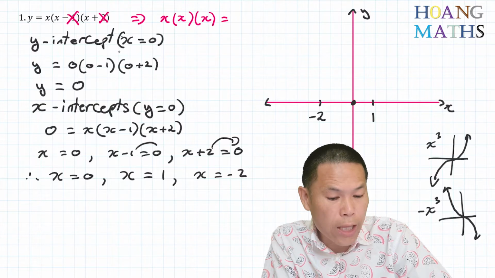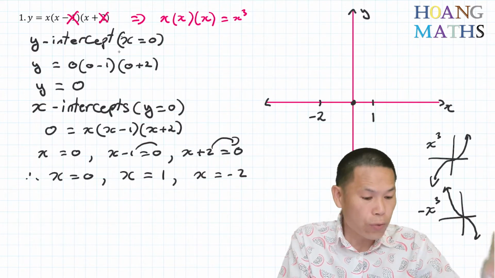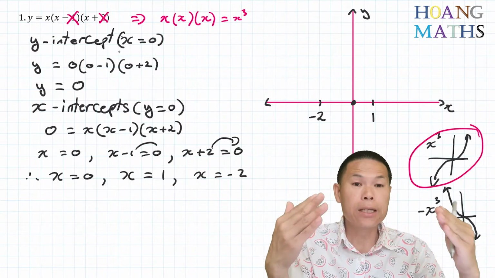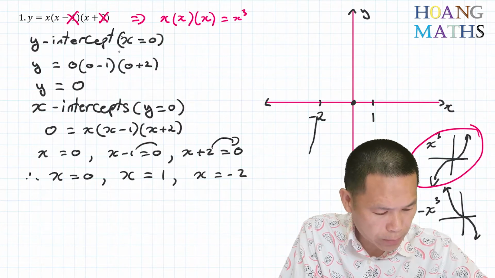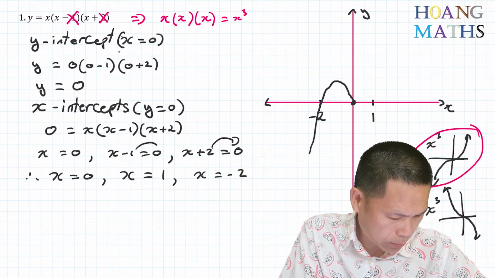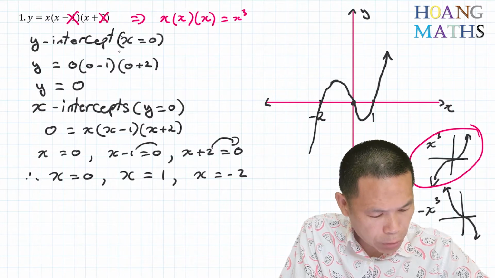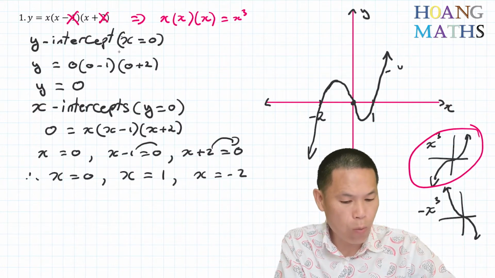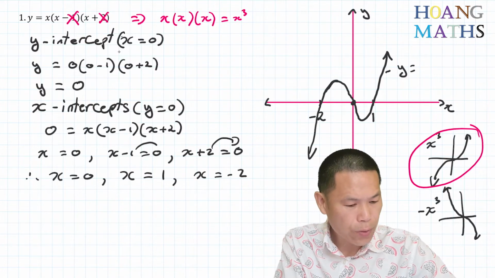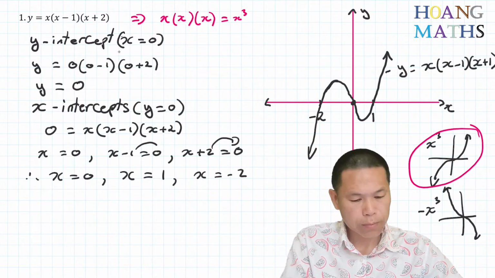If we multiply together, it becomes x to the power 3. Correct? So therefore, the graph will be like this. We start from the bottom all the way up. So it should go like this, and it should be smooth. So there you go. This is y equal to x times x minus 1 times x plus 2.